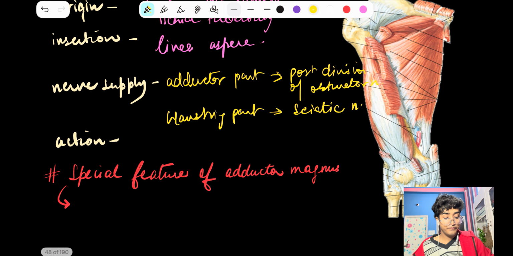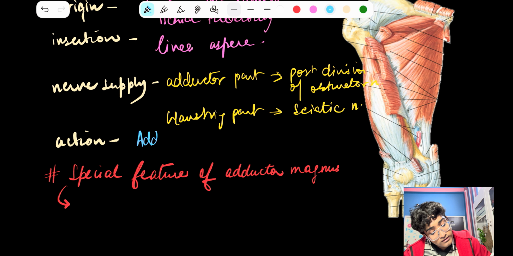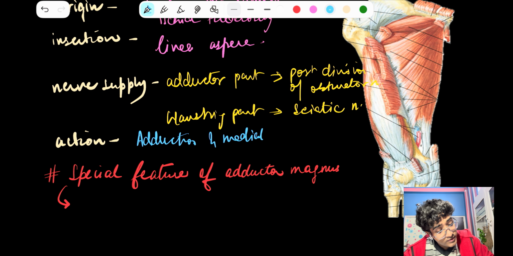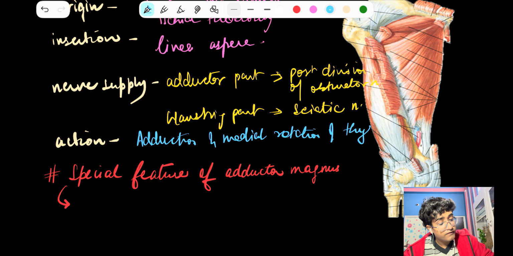What is its action? Action of adductor magnus is adduction of the thigh and medial rotation of the thigh.